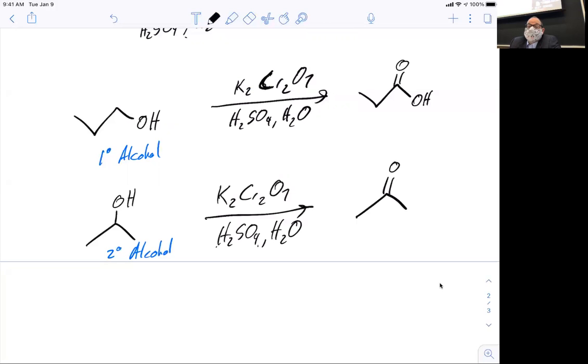This isn't because the chromic acid is not strong enough to oxidize it further, it's that it won't oxidize further, right? So the ketone is going to be the terminal oxidation for this process, where in the primary alcohol, the terminal oxidation was not the aldehyde, but the carboxylic acid.